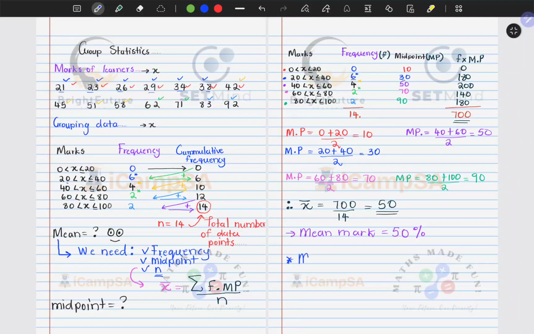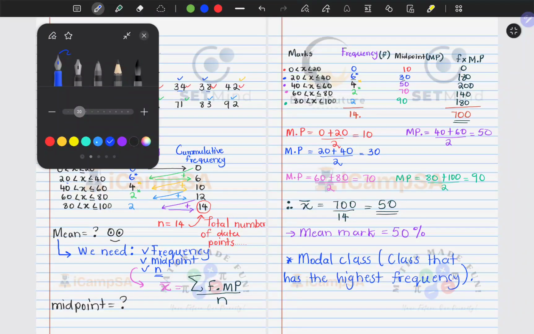There's something which they call the modal class. This is the class that has the highest frequency. So if we look at our classes or our groups, we need to look for the one that has the highest frequency.